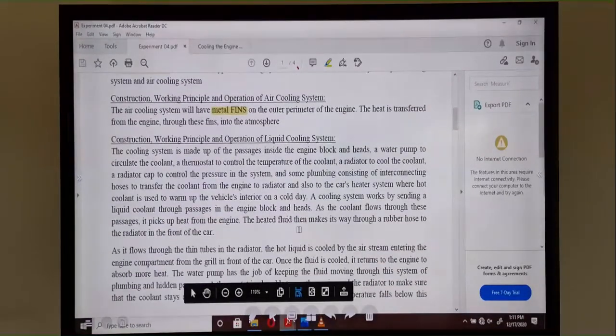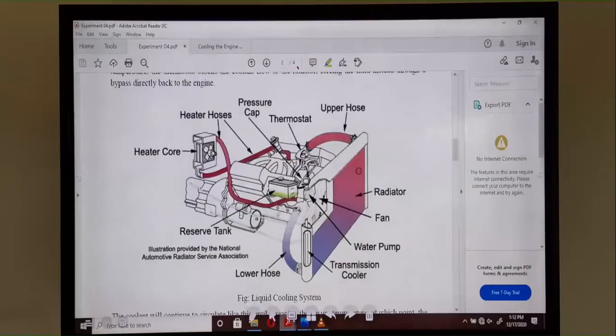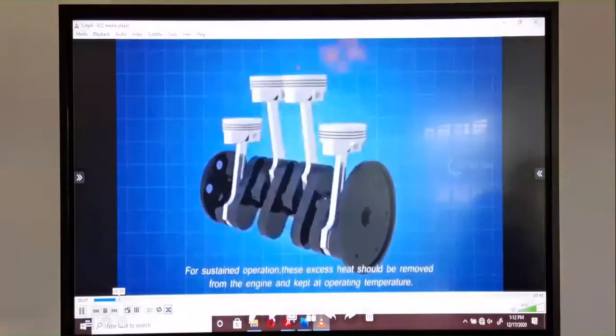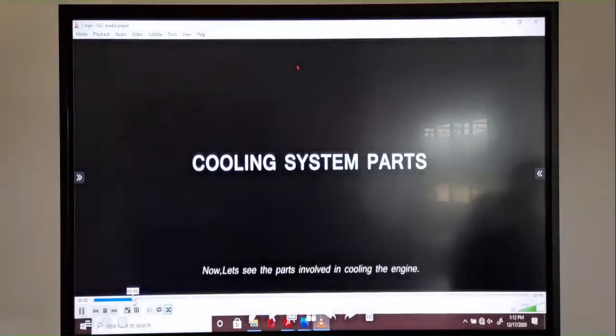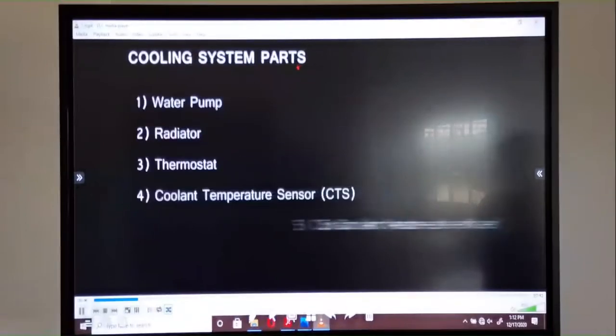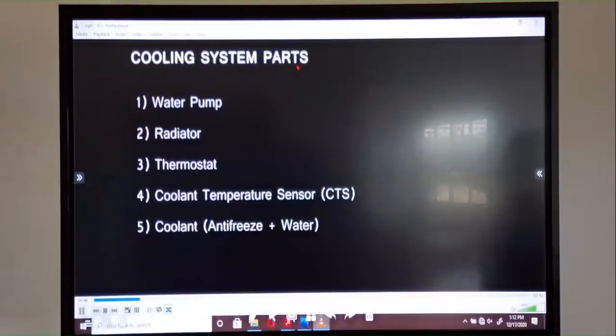The second cooling system is the liquid cooling system. These are the parts of the liquid cooling system. We will study it with an animation video. The cooling system parts are the water pump, radiator, thermostat, cooling temperature sensor and coolant.